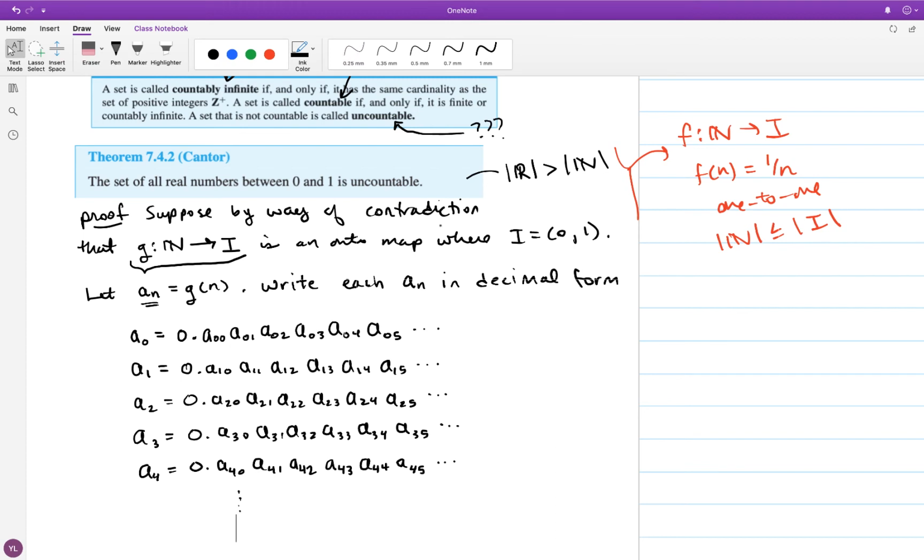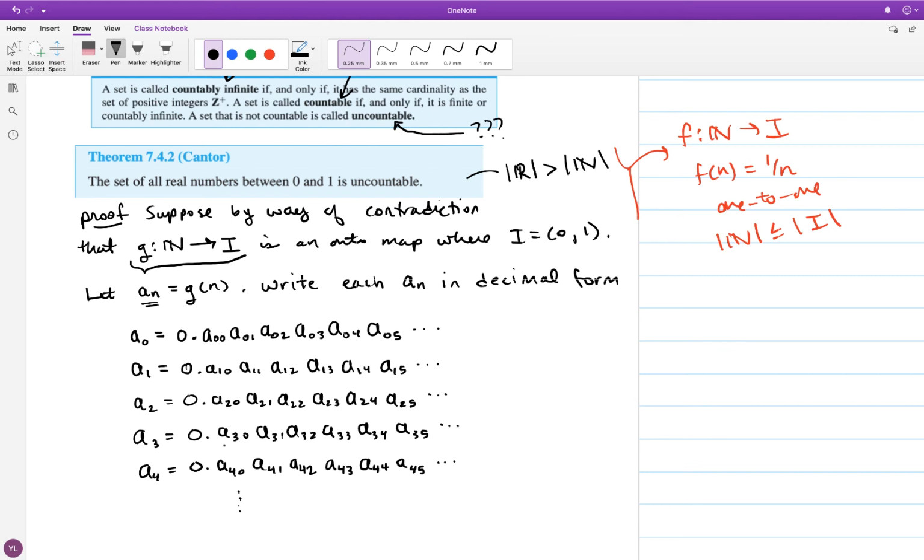I've assumed that I have this onto map from the natural numbers into the unit interval 0 to 1, and I'm using the notation an to stand for the image element of n under this function. So the an's are a bunch of real numbers in between 0 and 1. In fact, they're supposed to be representing all of the real numbers between 0 and 1. Since we're dealing with real numbers between 0 and 1, they have decimal expansions that start with 0 point something, right?